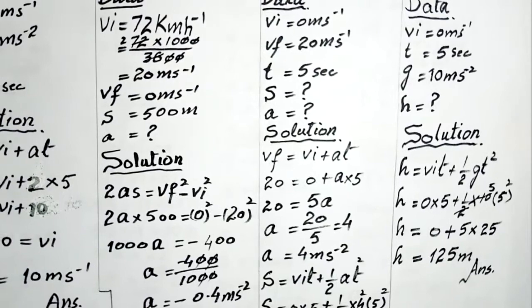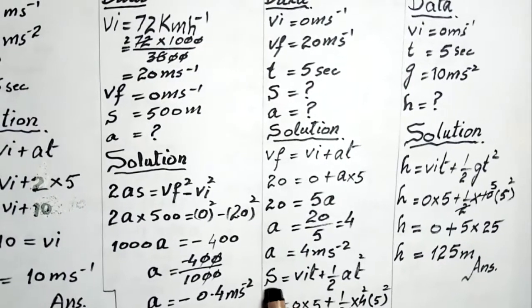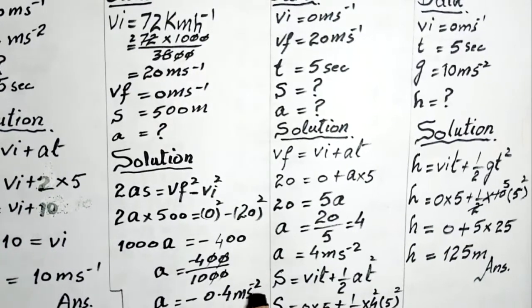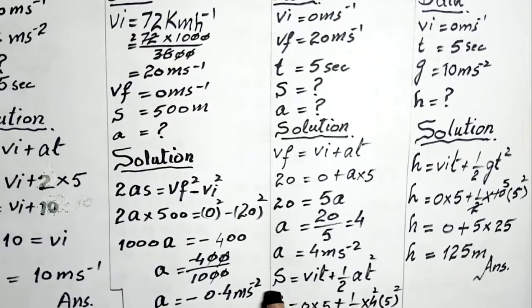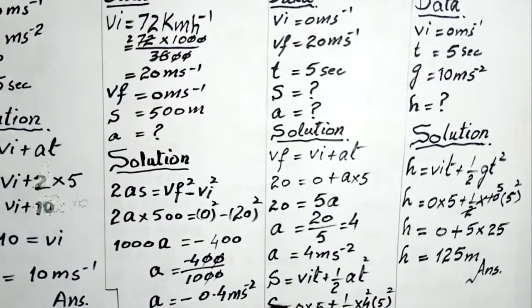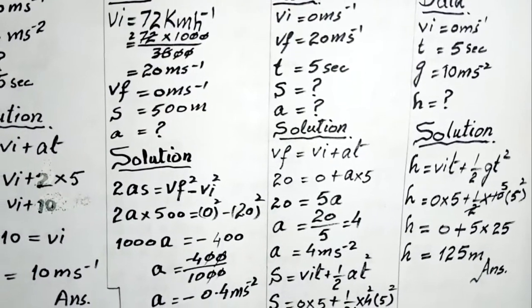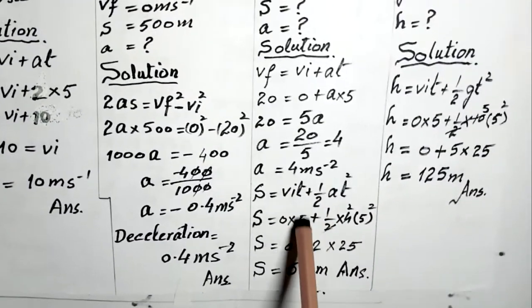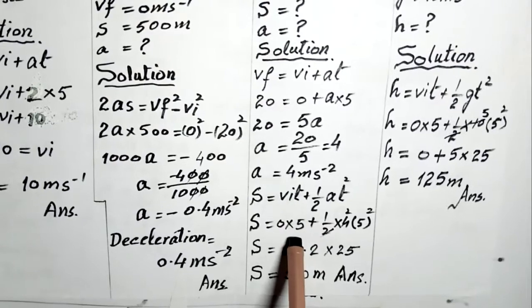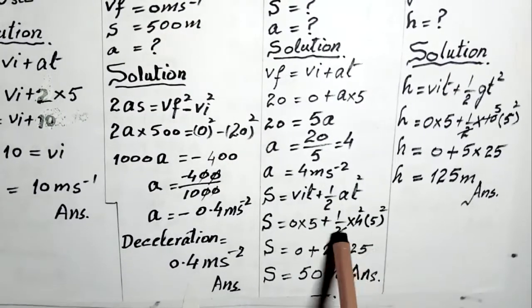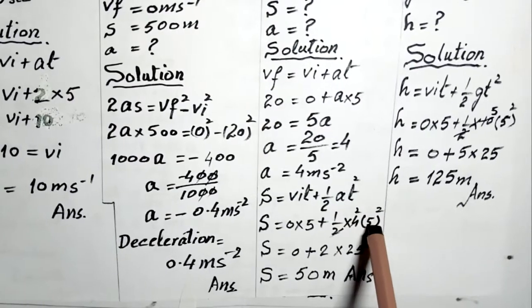Now for the calculation of distance, you will apply third equation of motion or second equation of motion. S is equal to Vit plus 1 upon 2 At square. You have to find out S. Vi 0 and multiplied by 5. T is 5 plus 1 upon 2. A is 4 and T is 5.